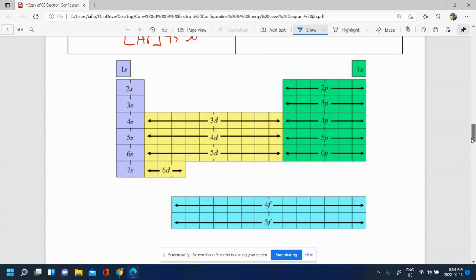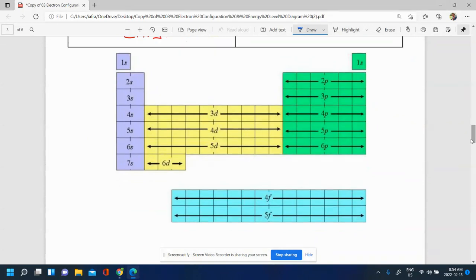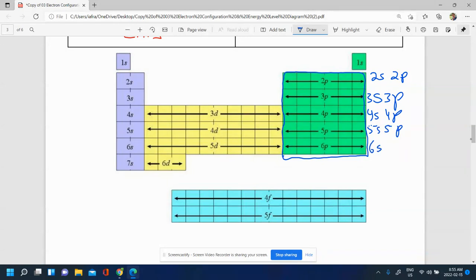Now, just to clarify, when we're looking at valence shells, generally in this area of the periodic table, the valence shell is going to be your highest s and p level. So here it's your 2s, 2p. Here it's your 3s, 3p, 4s, 4p, 5s, 5p, 6s, 6p.